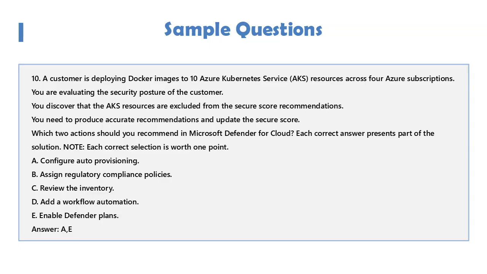Each correct answer presents part of the solution. Note: each correct selection is worth 1 point. A. Configure auto-provisioning. B. Assign regulatory compliance policies. C. Review the inventory. D. Add a workflow automation. E. Enable Defender plans. Answer: A, E.